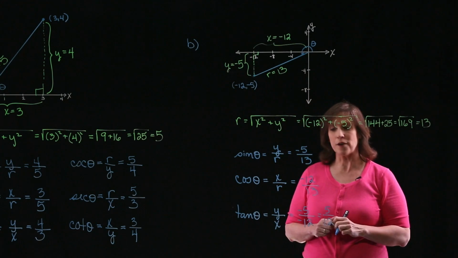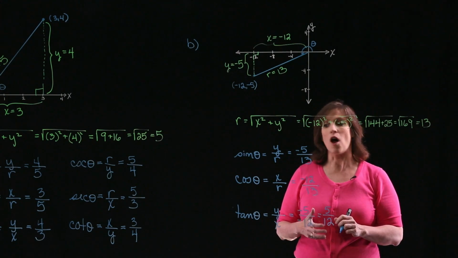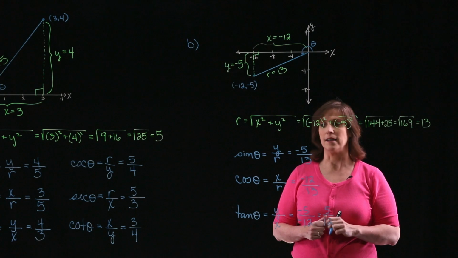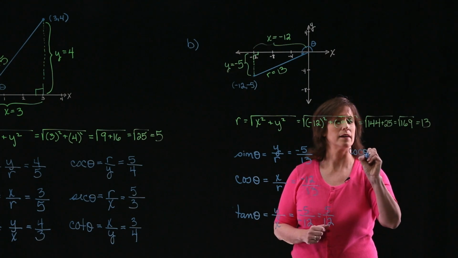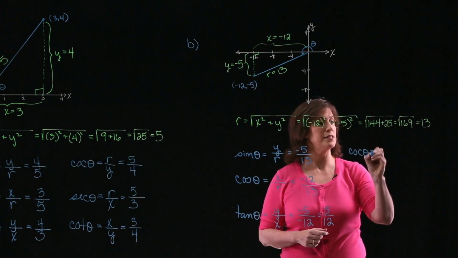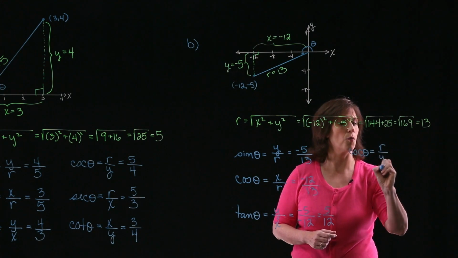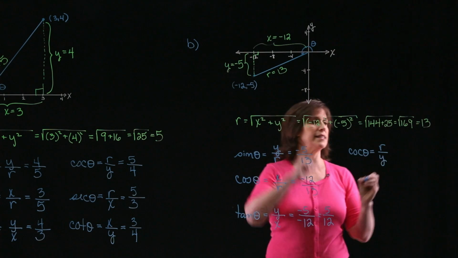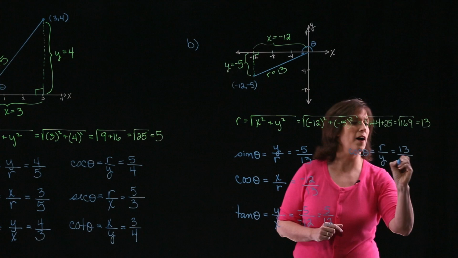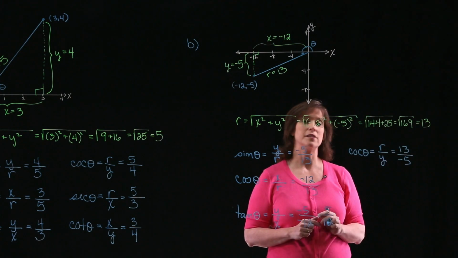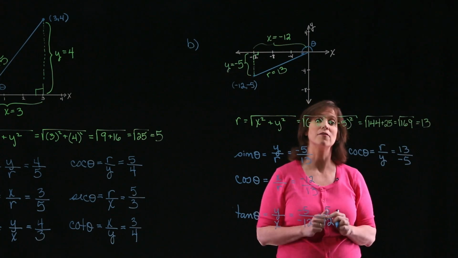We've got the first three trig functions down. The other three are reciprocals of the ones I've already done. Let's look at the cosecant of theta. By definition, the cosecant is r over y. r in this case is 13, y is negative 5, and I have negative 13 over 5, which is the reciprocal of my sine.